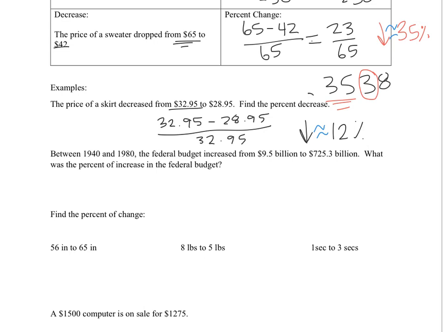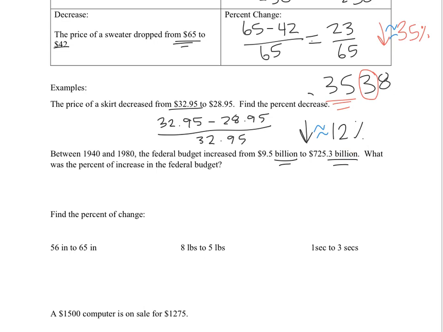Between 1940 and 1980, the federal budget increased from $9.5 billion to $725.3 billion. What was the percent of increase? Since these are both in units of billions, I don't need to put all the zeros in because it's consistently the same number of zeros. If they were different units like millions and billions, then I'd actually have to write out the number.